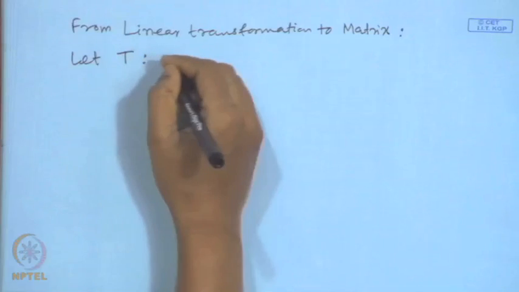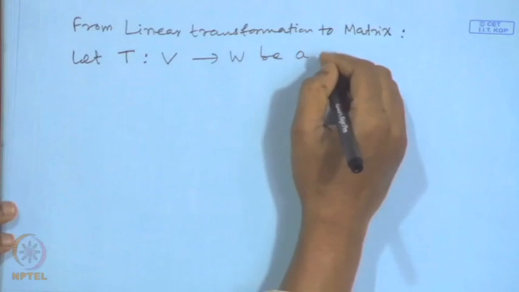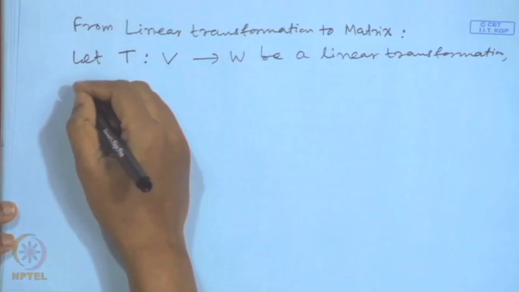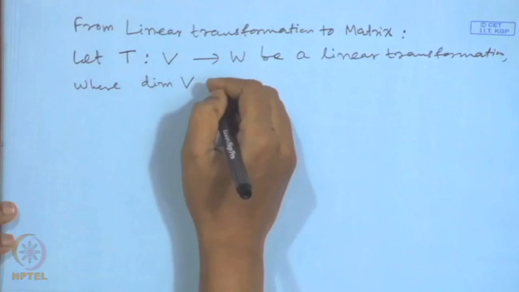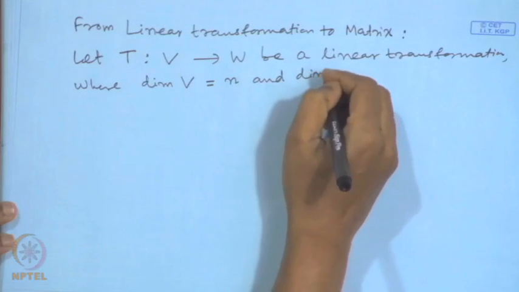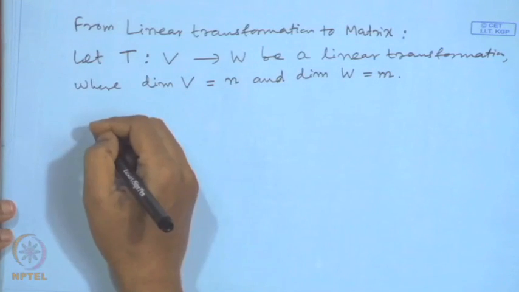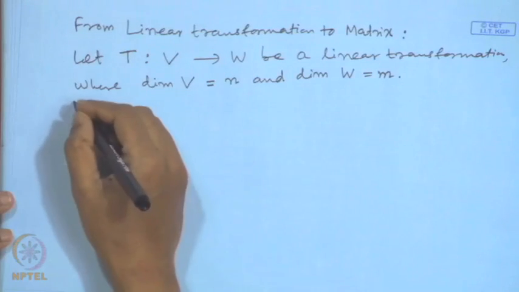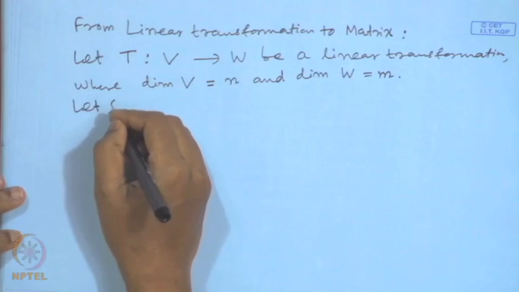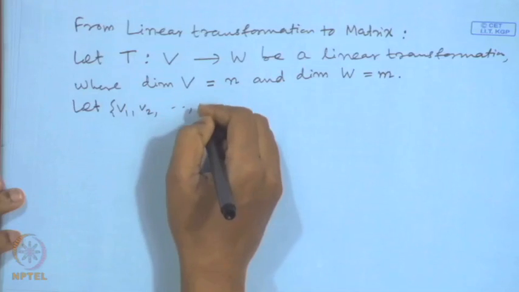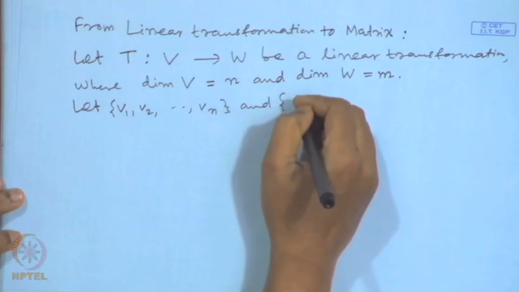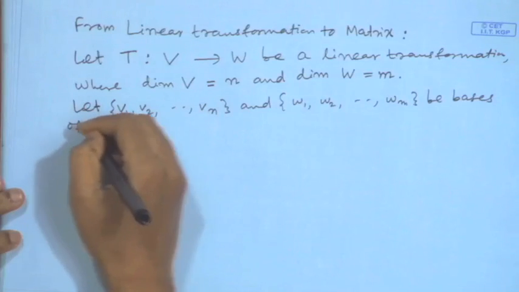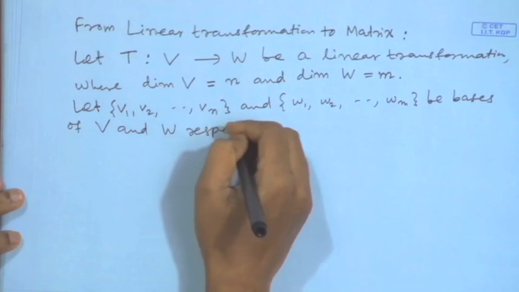Let T from V to W be a linear transformation where the dimension of V is equal to n and the dimension of W is equal to m, and we consider bases in the vector spaces V and W. Let V1, V2 to Vn and W1, W2 to Wm be bases for V and W respectively.